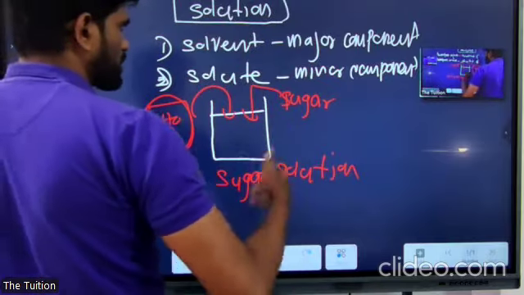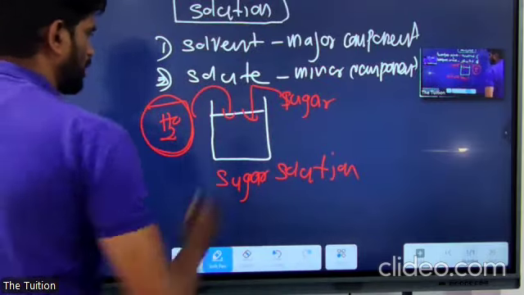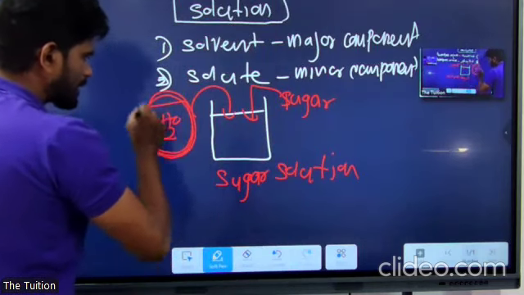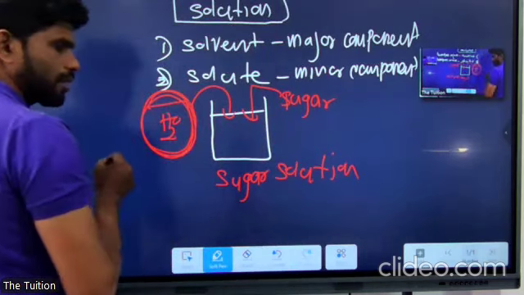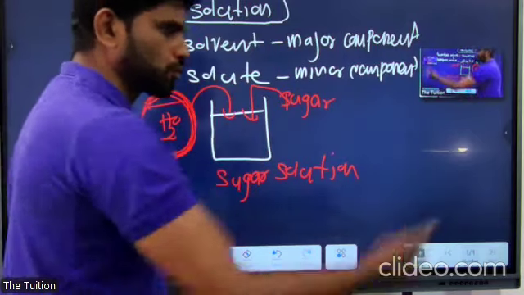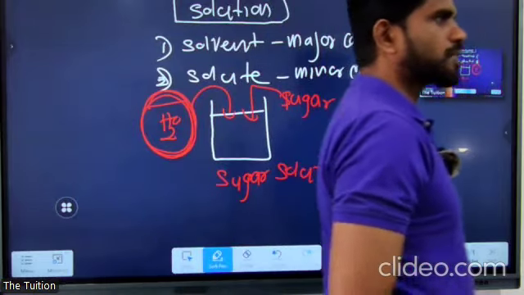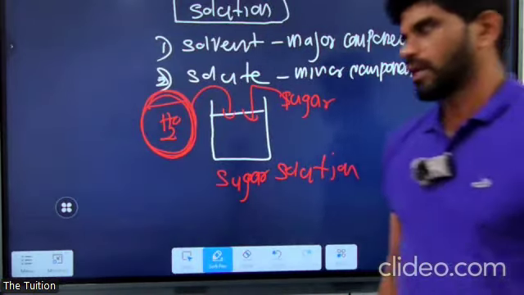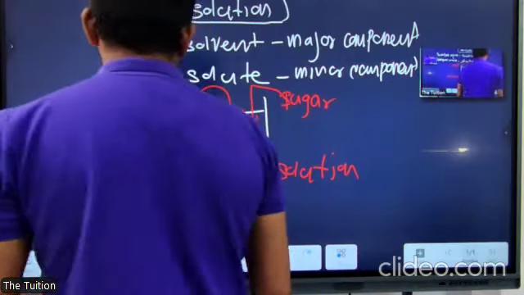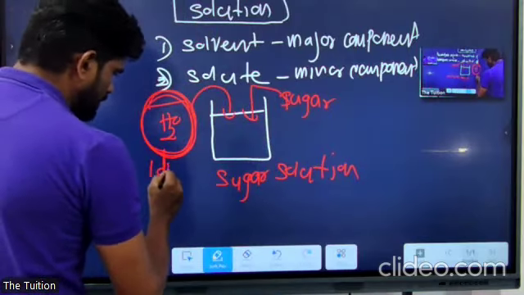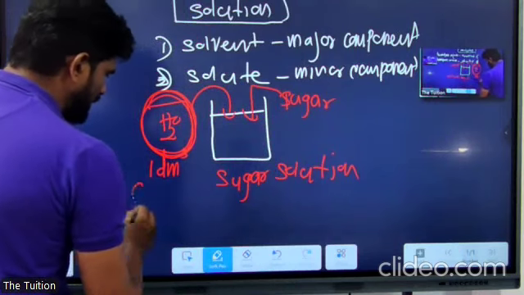When we talk about concentration, we consider the volume of the solvent with respect to the solute. Normally we use cubic decimeter or liter.